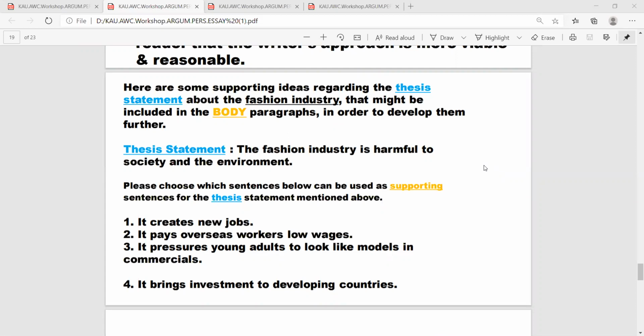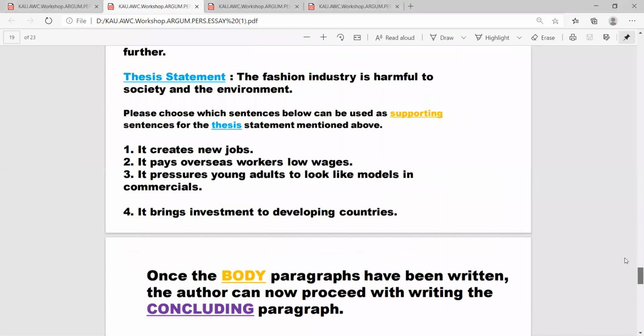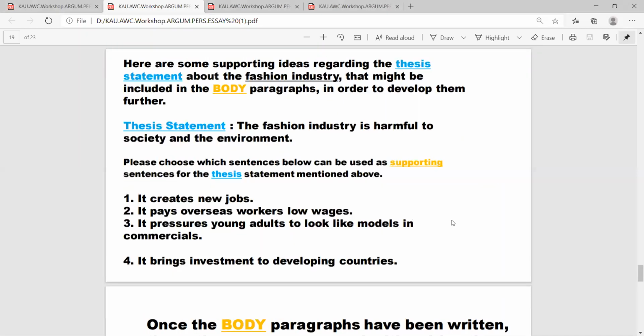That could be a thesis for an argumentative essay, actually. Right. Okay, again, while I was talking, I'm sure I gave ample time for you to choose which sentences below can be used as supporting sentences for the thesis statement.